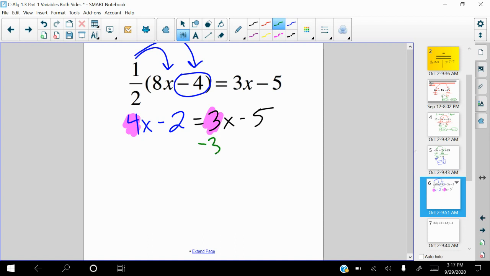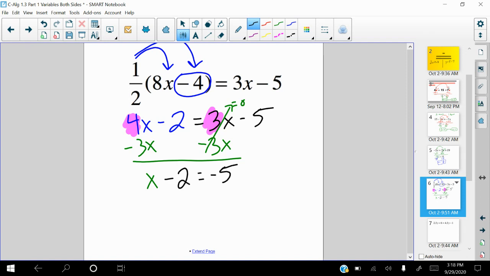And to do that, I subtract 3x. This goes to 0, which is perfect. 4x minus 3x is x. I have x minus 2 is equal to negative 5. Notice that that sign stays with that 5.